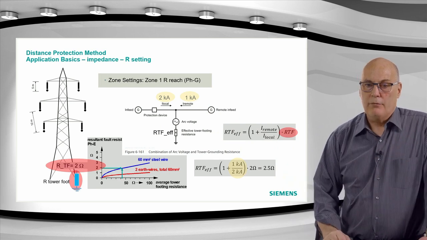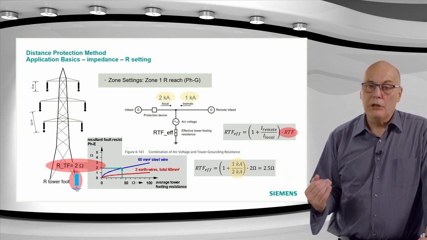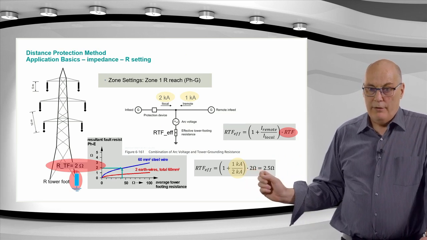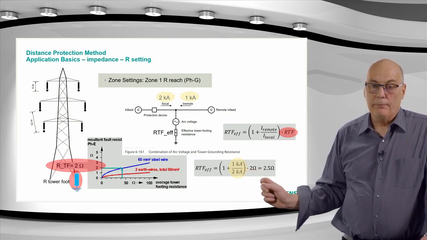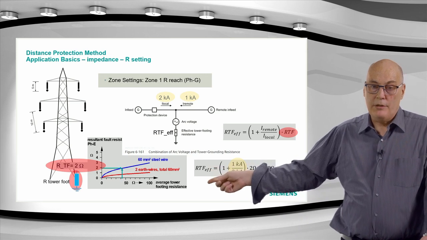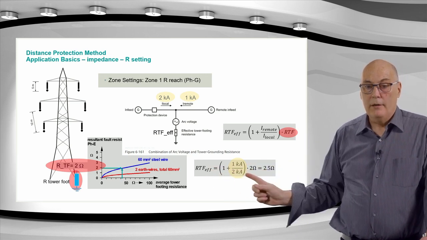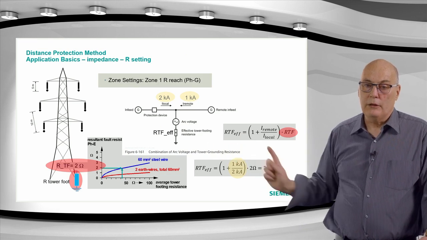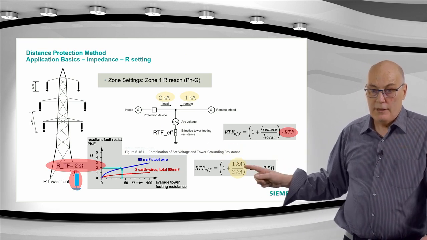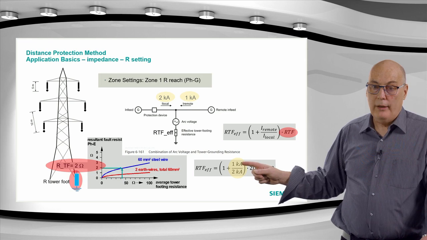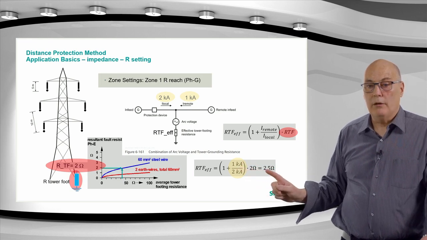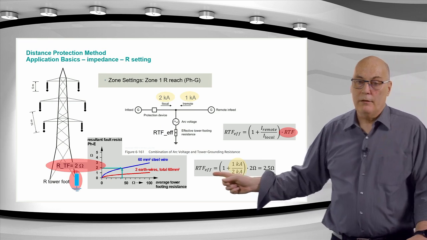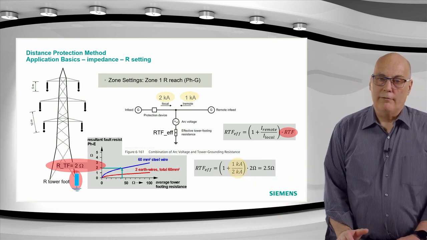There will be 3 kiloamps flowing through the resistance, and we will only measure 2. So we have to apply this remote in-feed consideration. The 2 ohms tower footing resistance that we extracted from that graph over there is multiplied by this factor and is actually used in the equation as 2.5. It's interesting, if the remote current were also 2 kiloamps, then we would multiply by 2, and we'd have 4 already. So the remote in-feed is very, very significant in terms of the RTF.